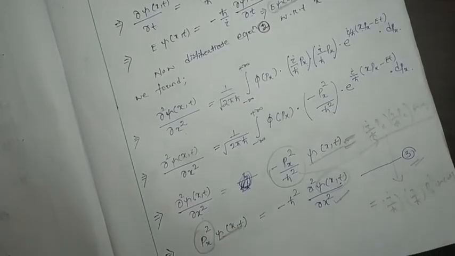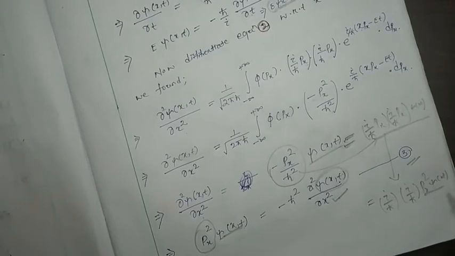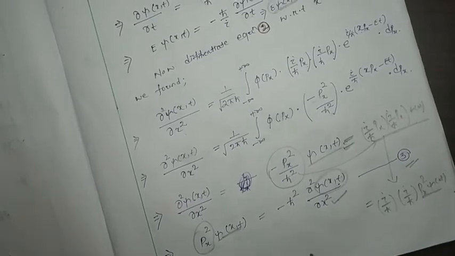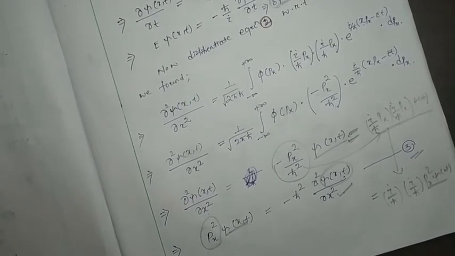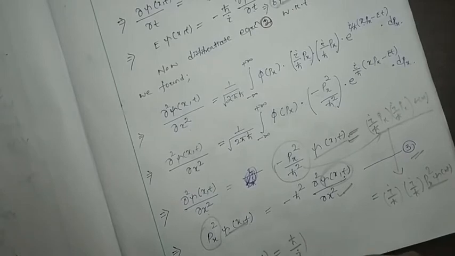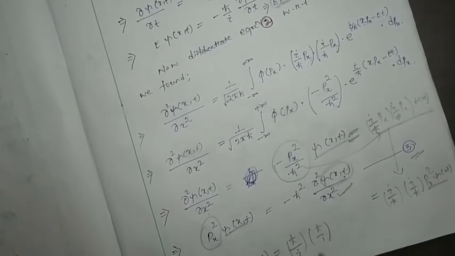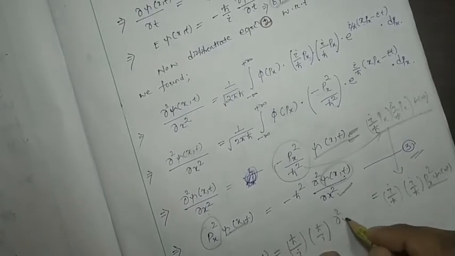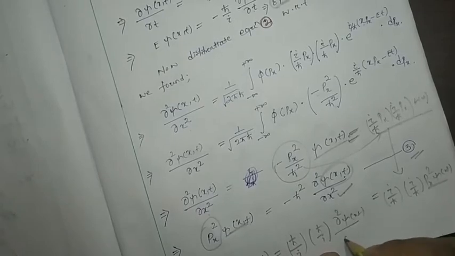Okay, so now px square psi(x,t) will be how much? That is h cross by i into h cross by i into del square psi(x,t) by del x square.